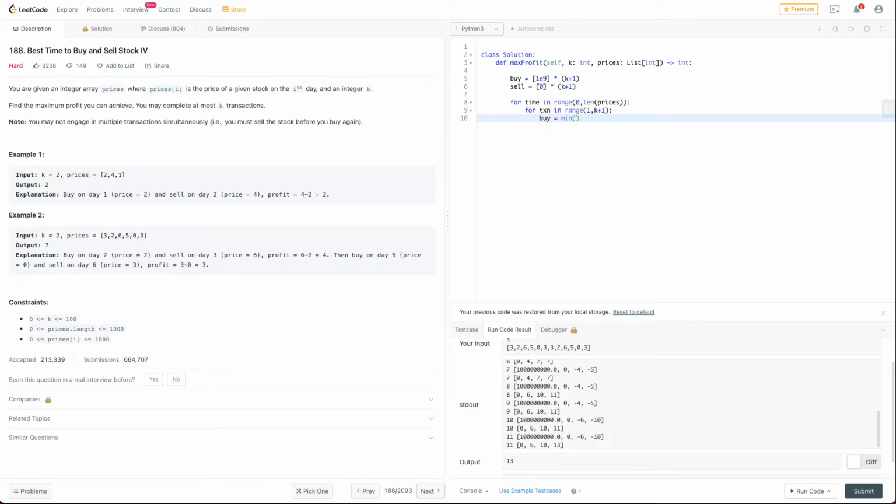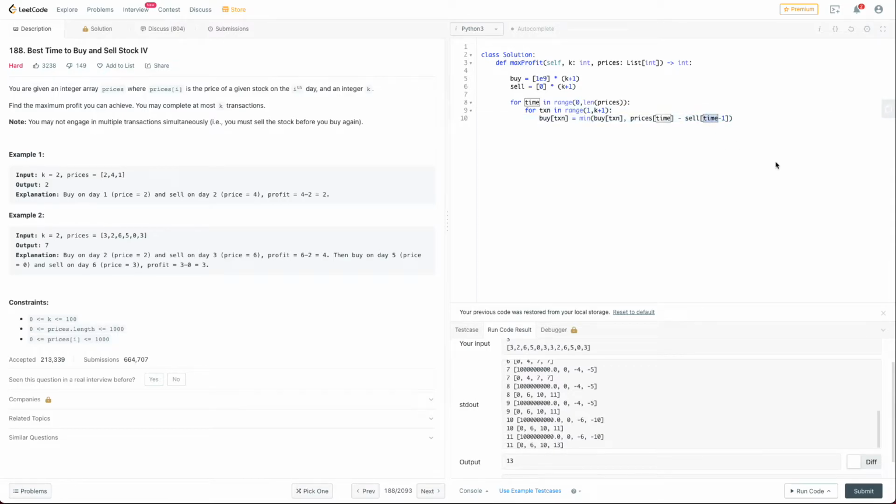So buy is the min of, so minimum of what we have here, which is best price, or it's the minimum of this, subtracted by the cell in the time minus 1.